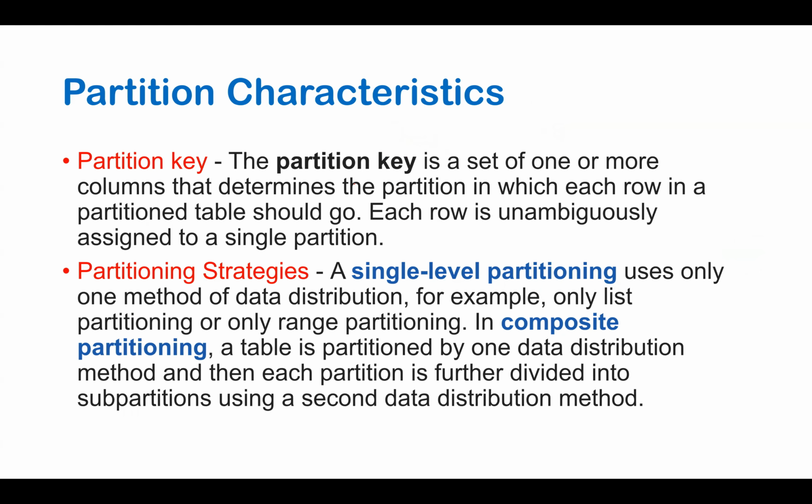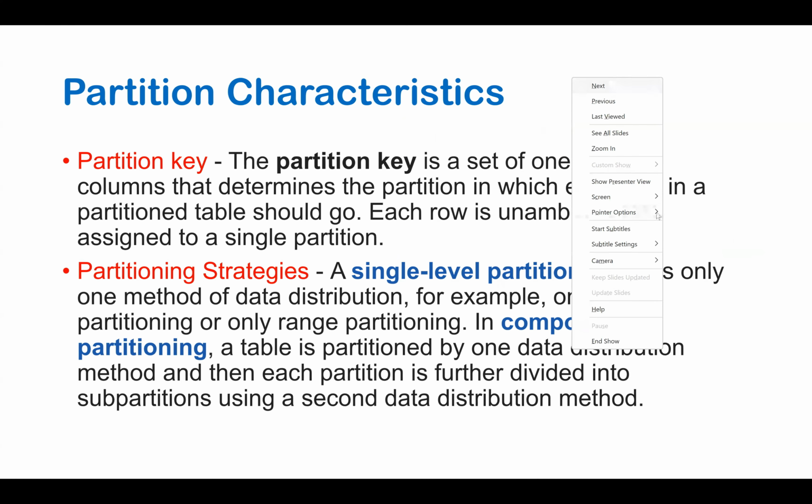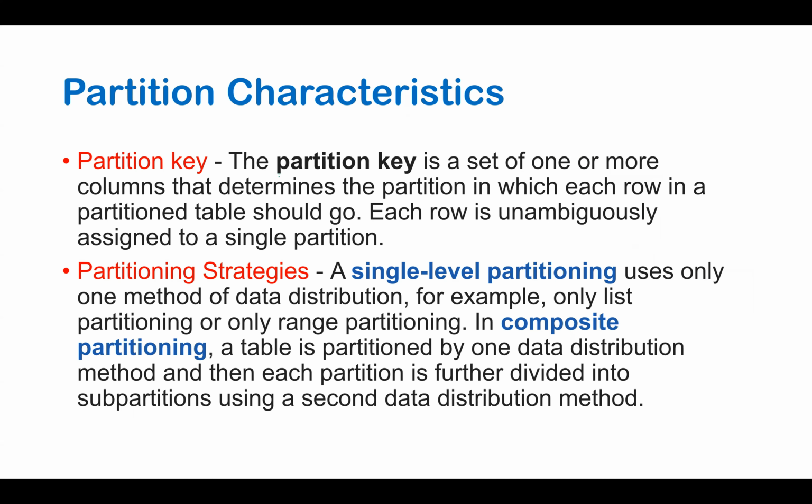Two things you have to remember whenever you are going for partitions. The first thing is the partition key: which column I need to use for the partitioning. If you have an employees table, based on the table, you can select which column to go for the partitioning.